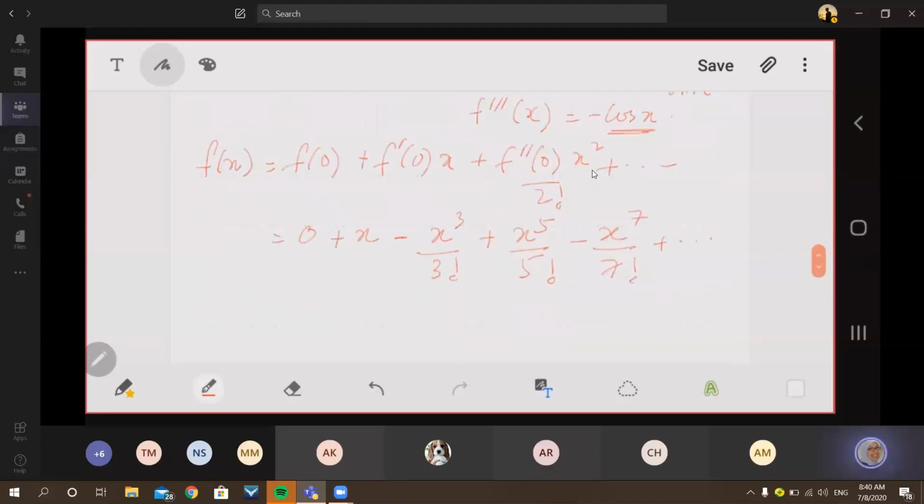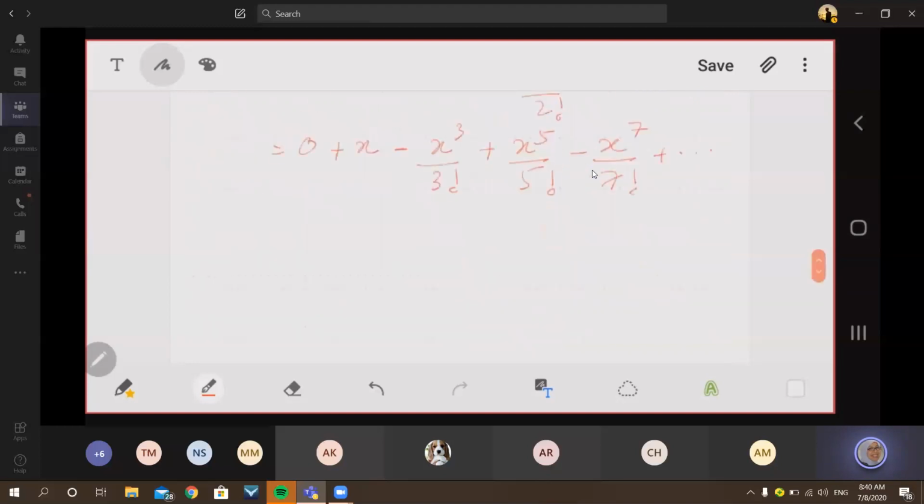So that is for sine. For cos, you can do the same thing. And then you have the standard series expansion.